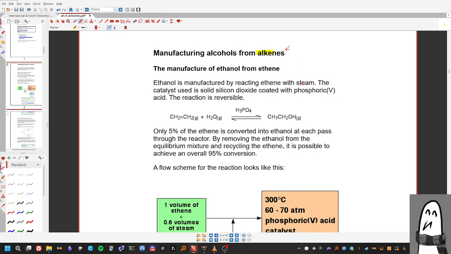So first of all, you're making it from alkenes. Remember that this is going to be your double bond, right? And since you're creating it from your double bond, you're breaking the double bond, so hydration or something like that. If you're making ethanol from ethene, you're going to be reacting ethene with H2O in the form of steam.